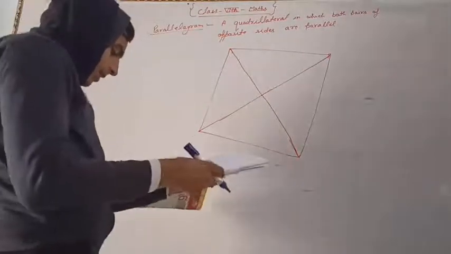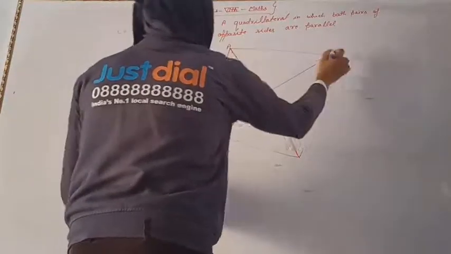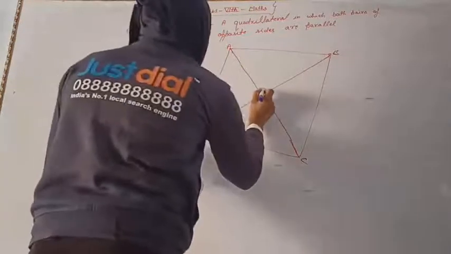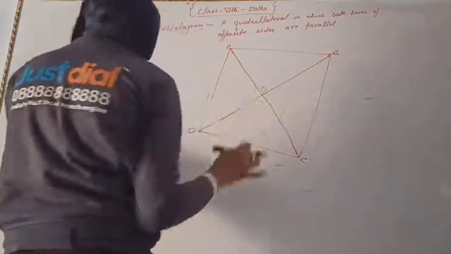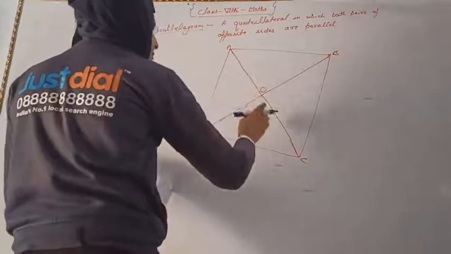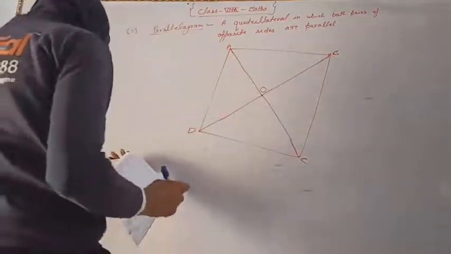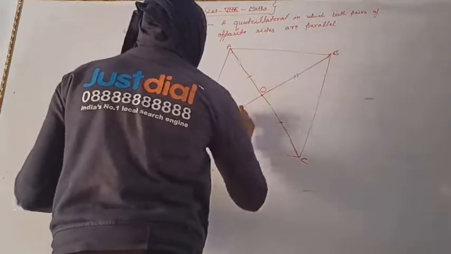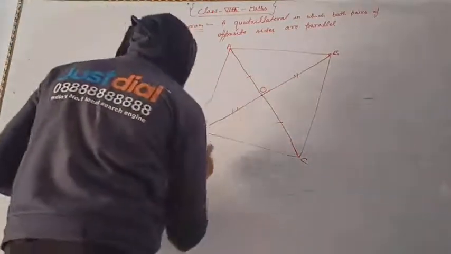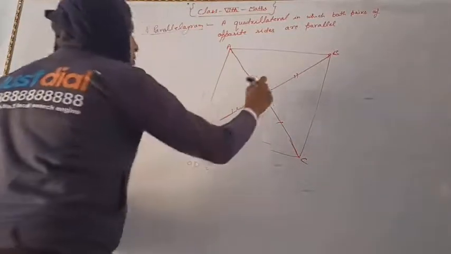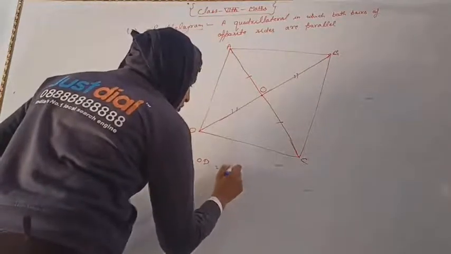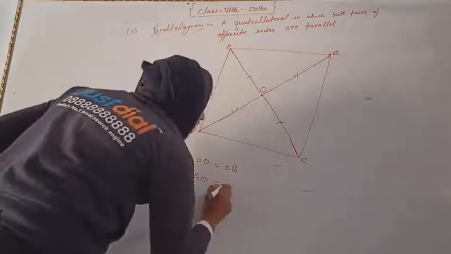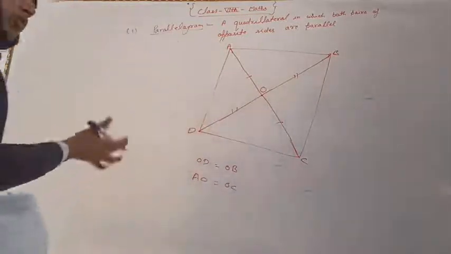Name this quadrilateral ABCD, A, B, C and D. This intersecting point is known as O, where both diagonals cut at the point named O, and it is also given that this is equal to this and this is equal to this. That means DO or OD is equal to OB, and here also you find that AO is equal to OC.